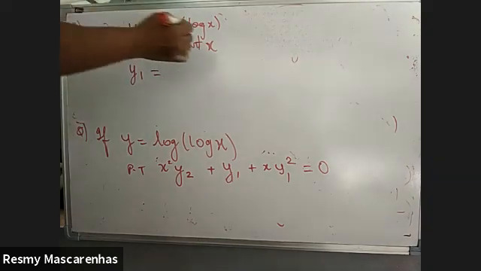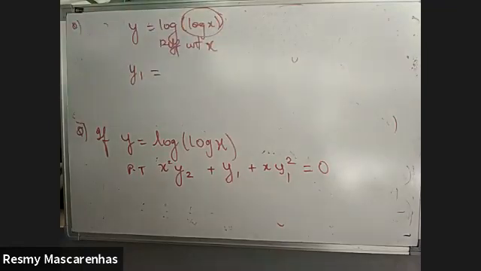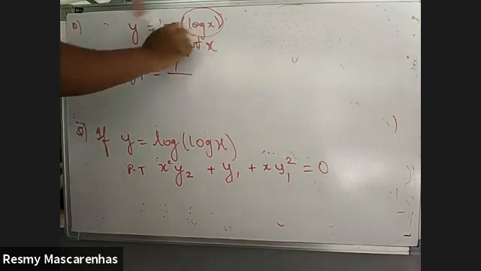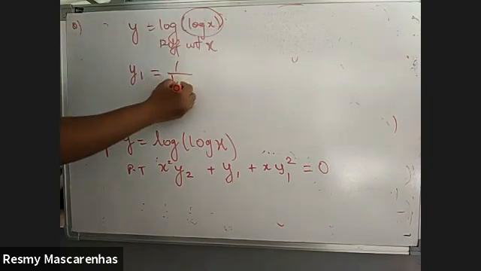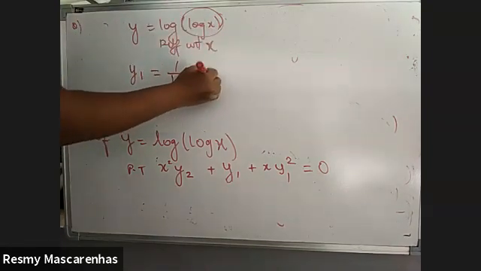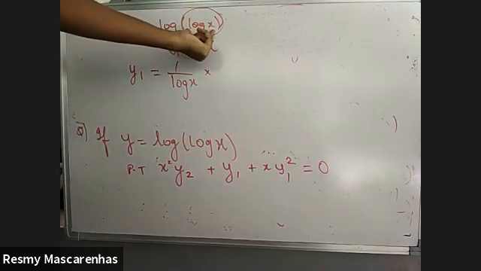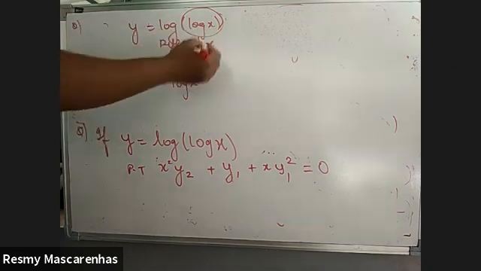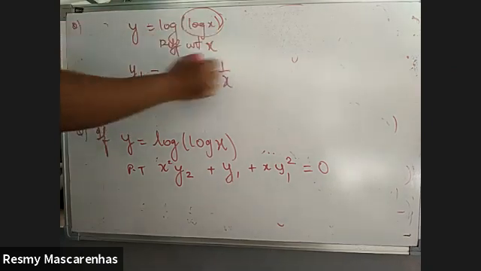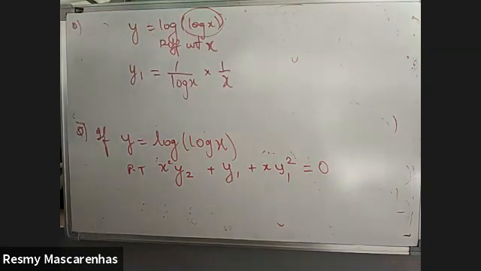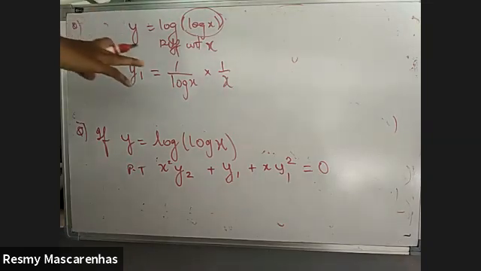Now the derivative of log of something: log of anything is 1 upon that, so 1 upon log of whatever is inside the bracket, times the derivative of the inside. What is inside the bracket is nothing but log x. The derivative of log x is 1 by x. So this will be your answer after taking the first derivative.